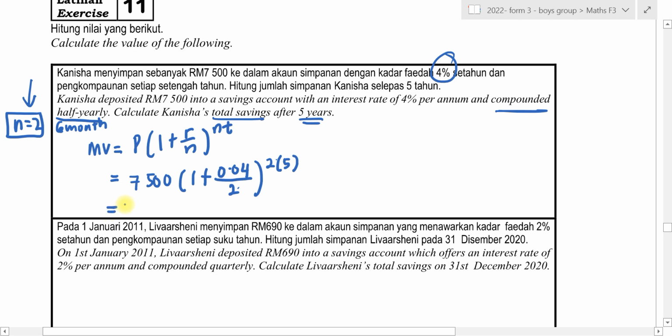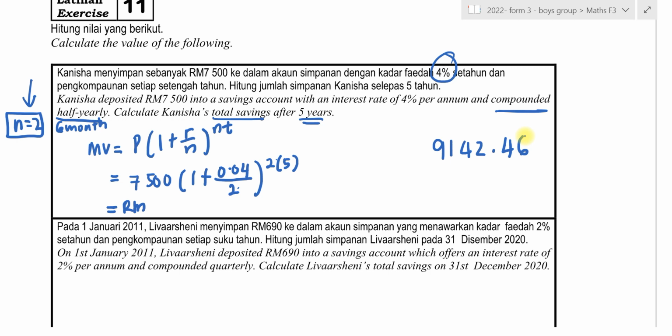Okay, how much is this? I got 9,142.46. Okay, let us check. 7,500 times (1 + 0.02) to the power 10. Yes, good. RM9,142.46. Very good.